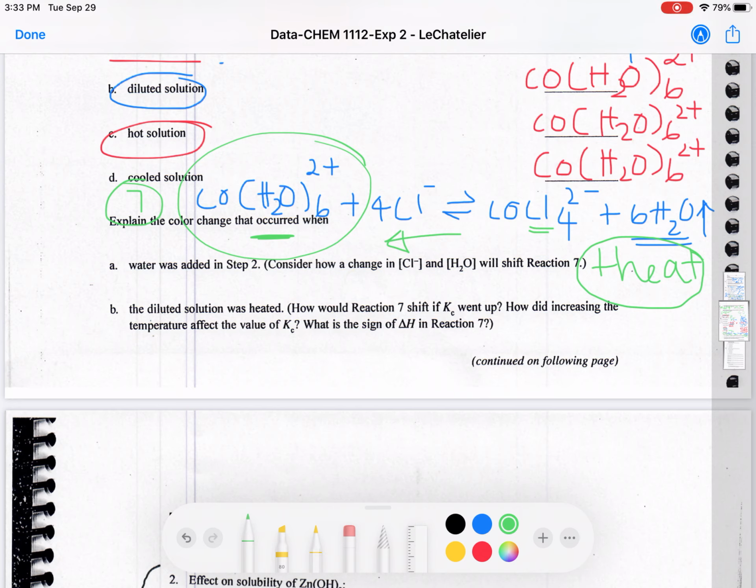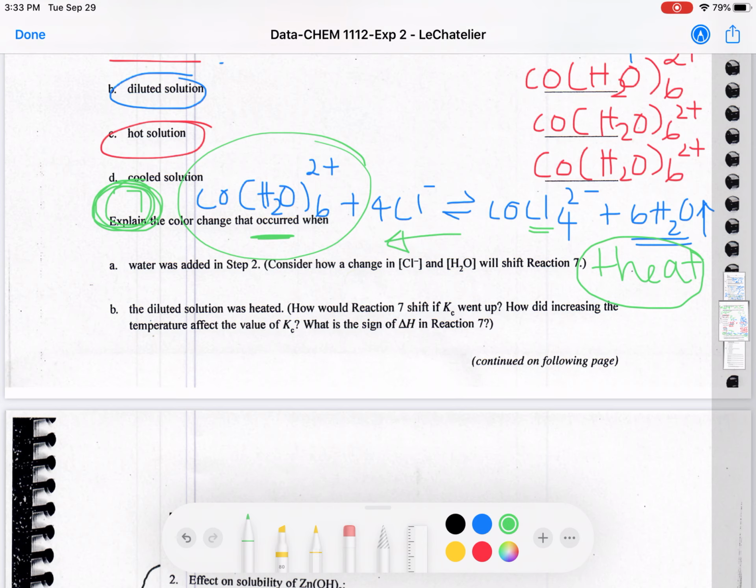And what is the sign of delta H for reaction 7? Reaction 7 is written in this form, cobalt hexahydrate becoming cobalt chloride. So you should consider reaction 7, the forward reaction, as formation of cobalt chloride.